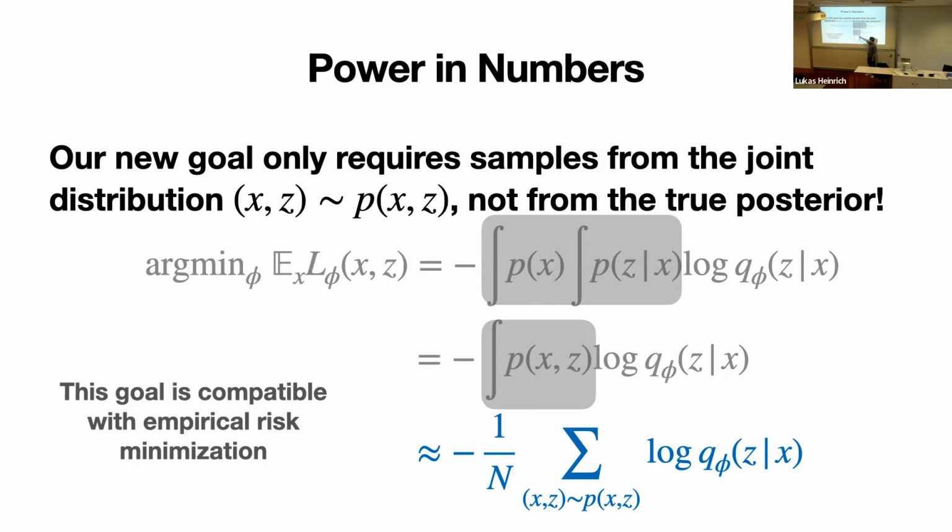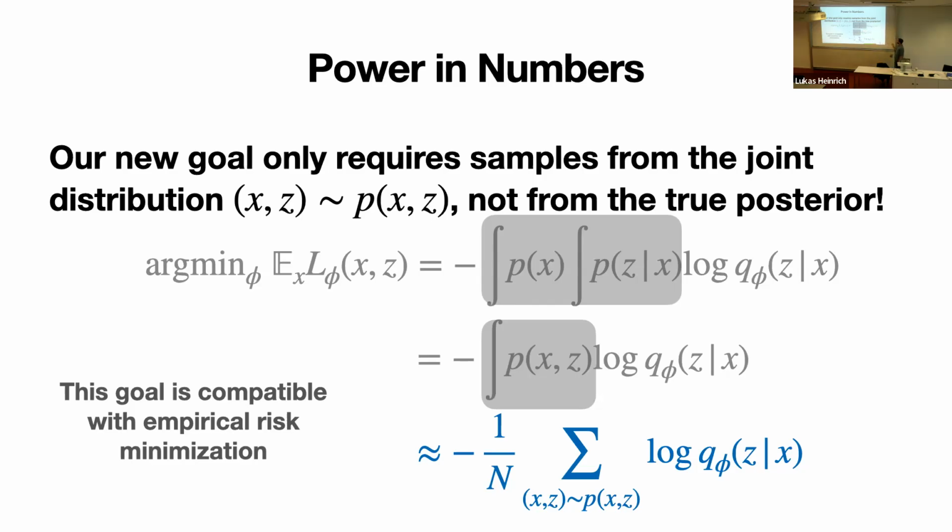And how do we remove this integral from the joint using samples? We can just sample from the joint, which is the samples that we have, and then estimate it using an empirical estimate of the integral.